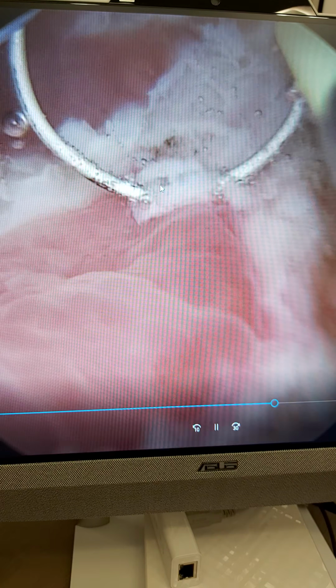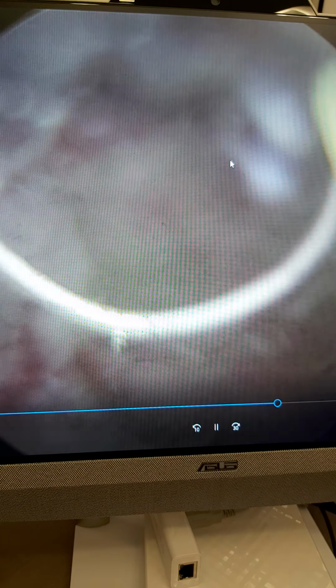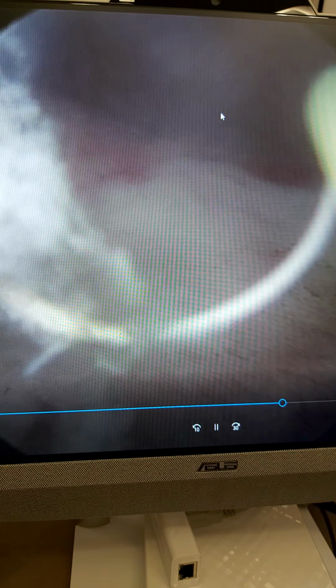These are the previously marked borders. We don't want to leave any old, diseased tissue behind, so we fulgurate the superficial mucosa, but underneath you can see the little balls of cystitis coming out. These are really a source, a bed for infection, so we have to clean them out.